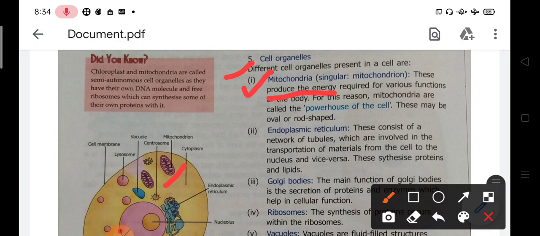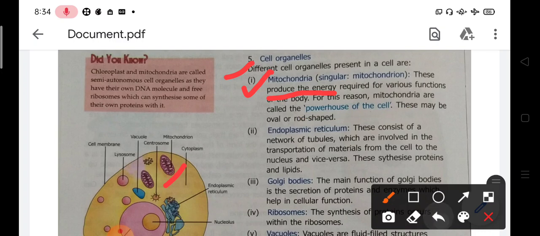In the same way, we also require energy, and each cell of the body contains mitochondria, and when mitochondria gives energy, then we also get the energy. So that's why mitochondria is called the powerhouse of the cell. And they are oval or rod shaped structures.